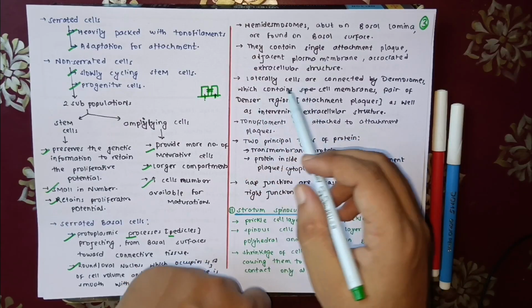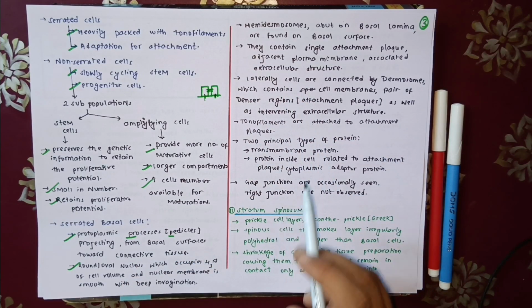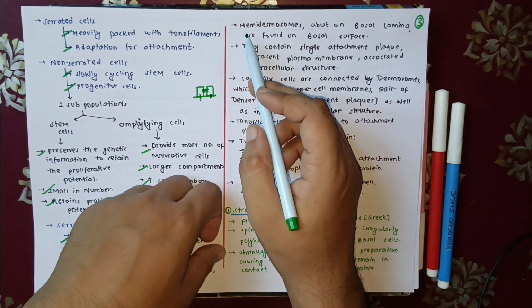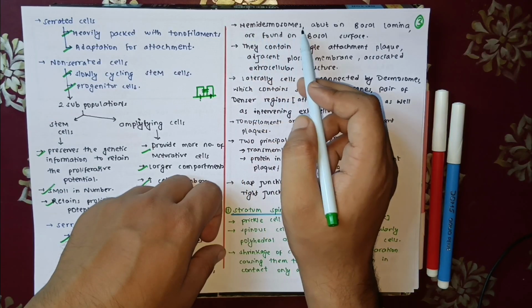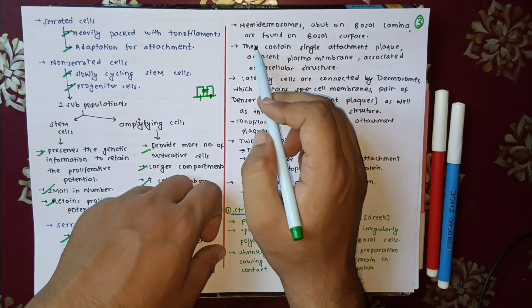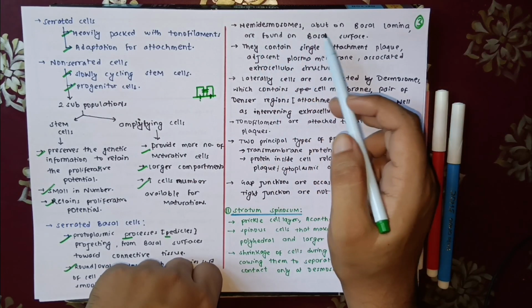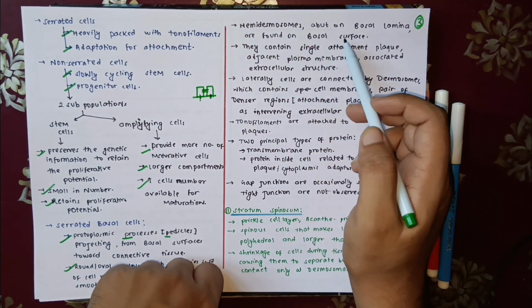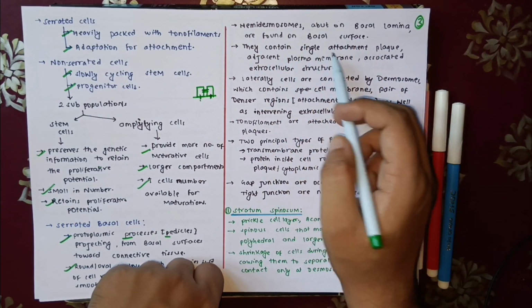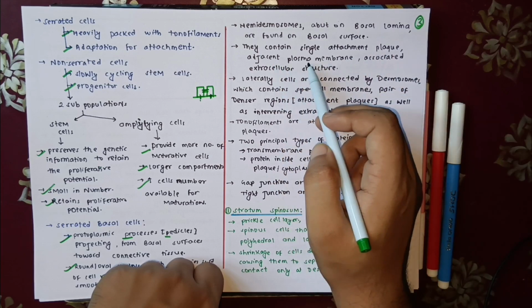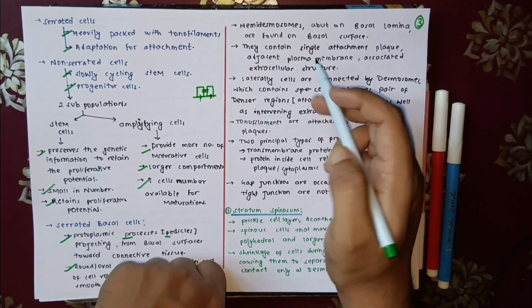It is properly written there, but for now in oral histology, the hemidesmosomes abut on the basal lamina and are found on the basal surface. They contain a single attachment plaque, adjacent plasma membrane and associated extracellular structure.